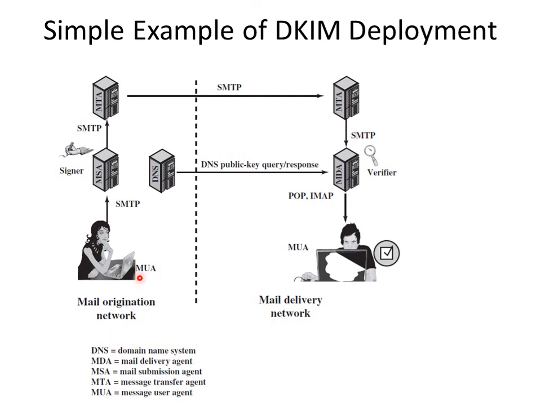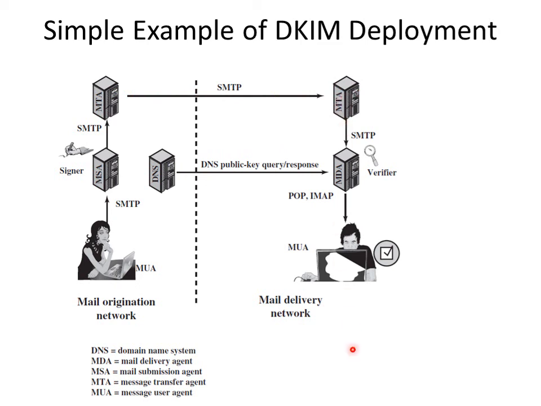Normally the mail originates from here, at the MUA, the message user agent, and it is sent via SMTP to the MSA. Here the signature happens, using a private key, and later on it further moves to an MTA. Then there will be transmission from MTA to MTA using SMTP.